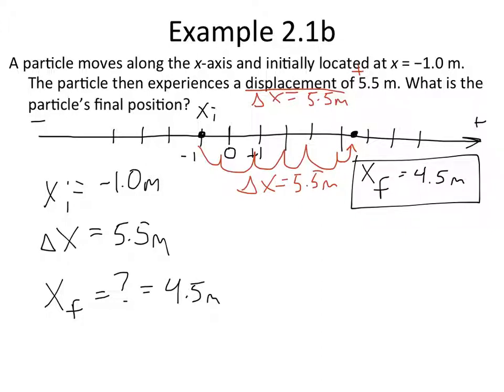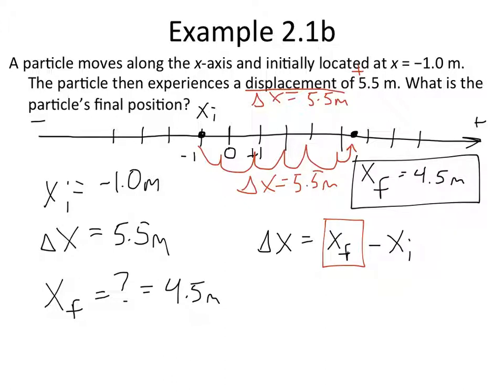But you probably could have figured that out because remember our equation for displacement is delta x, that is a change in displacement, equals x final minus x initial. Okay. So if we want to solve for our final position, how do we solve for that?